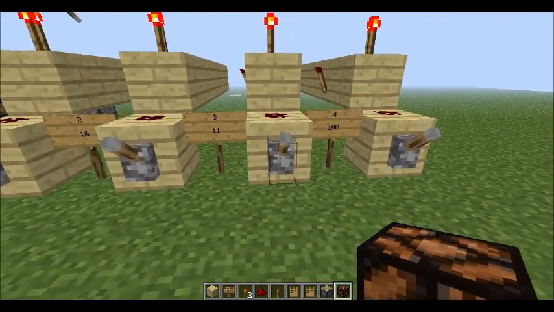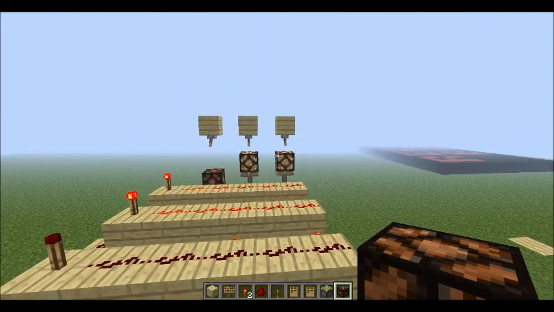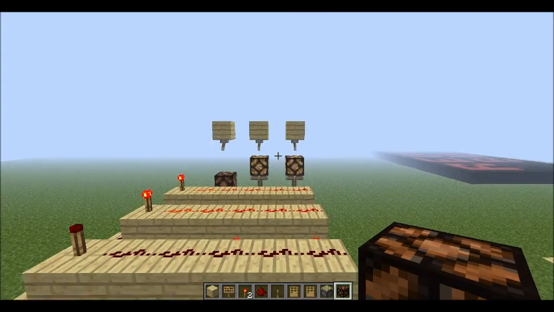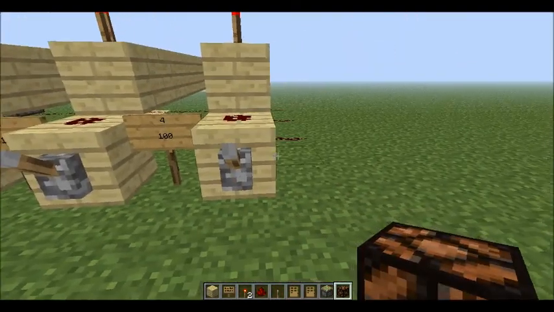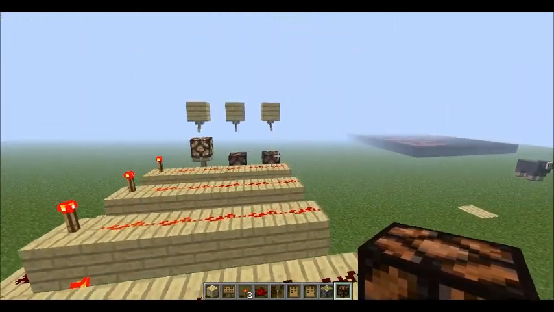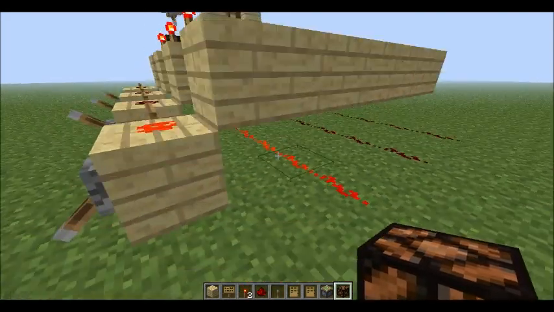Now we've got 3, which is 0, 1, 1, because there's 1 plus 2, no 4, so 1 plus 2 equals 3. And then we've got 4, so no 1, no 2, but a 4, so it's equal to 4. And that's 1, 0, 0.